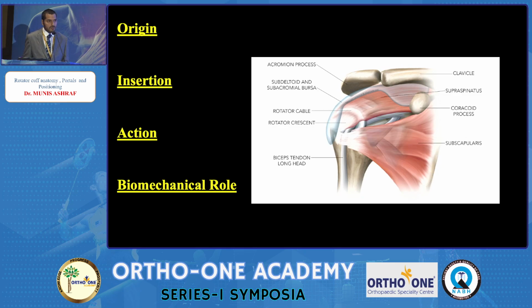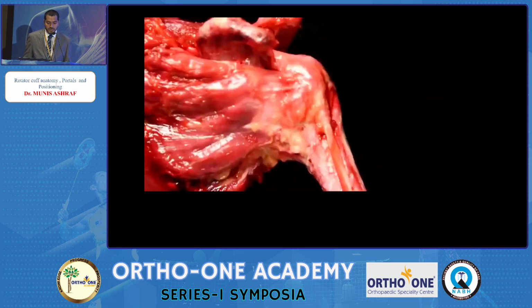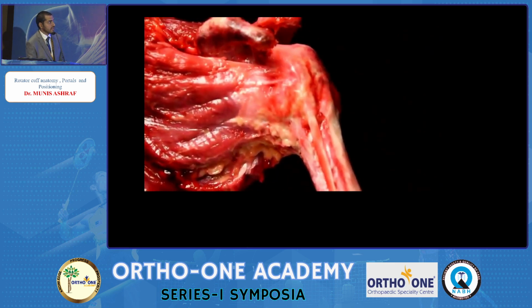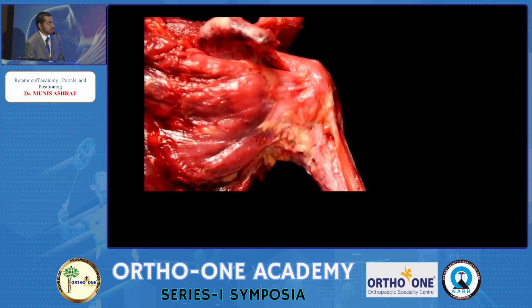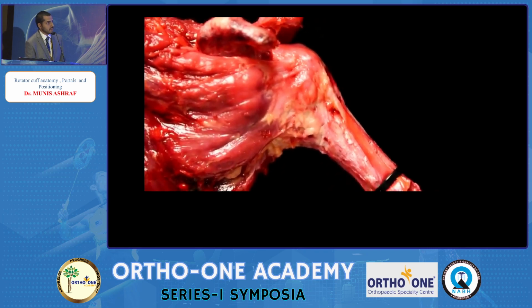So what we already know is the rotator cuff is comprised of 4 muscles: the supraspinatus, the infraspinatus, the subscapularis, and the teres minor. Each has a definite origin, insertion, action, and biomechanical role. This is the anterior aspect of the shoulder, showing the subscapularis inserting into the lesser tuberosity. It aids in internal rotation.